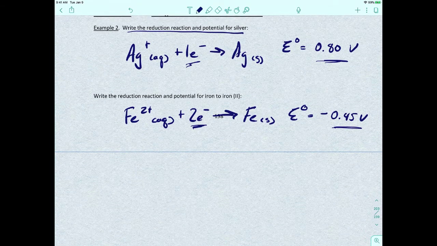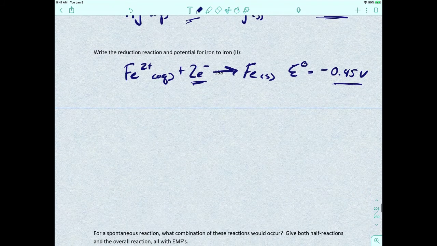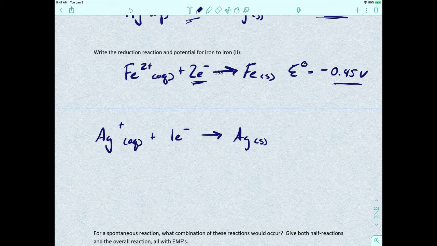You've got 1 mole of electrons in the silver. So here's what we're going to do. Let's start with the silver reaction, and I'm just going to write it. Silver plus, plus 1 electron yields solid silver. And that electromotive force, the cell potential, is 0.80 volts.